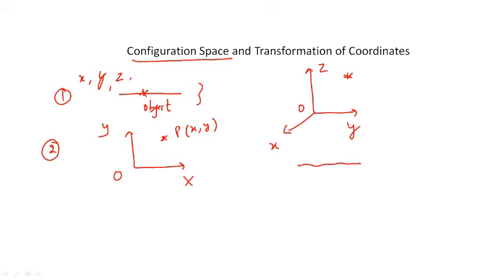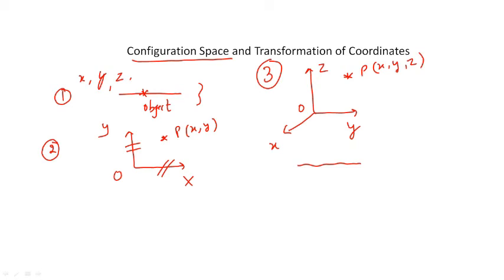To specify its position you will require two coordinates, one along the x-axis and the other along the y-axis. Now I take the third example. Suppose there is a point P in three-dimensional space in a Cartesian coordinate system. Your point P will have the three coordinates x, y and z.